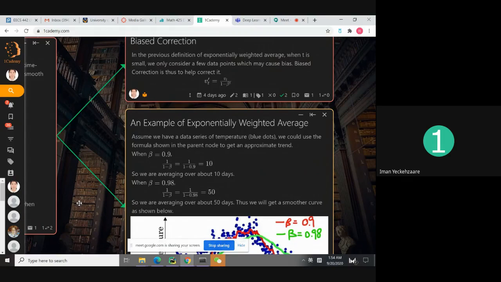Just think about what you should do with the value of beta when you want to have more variation, when you want to increase the flexibility of your model to fit more diversity in data.